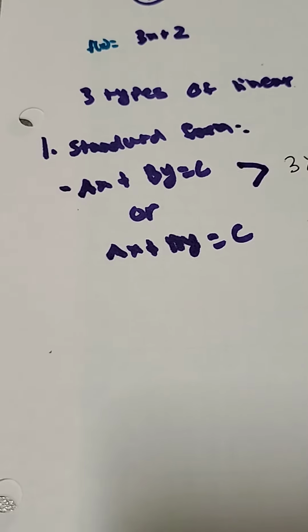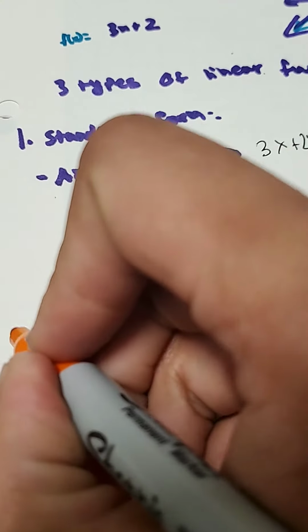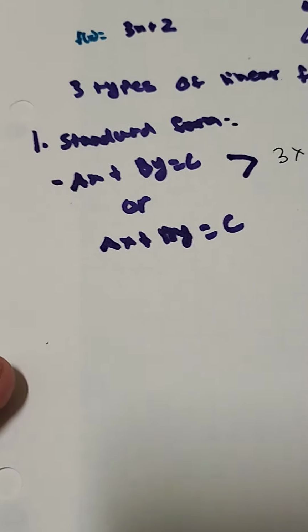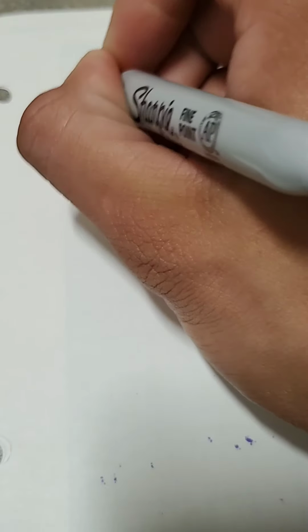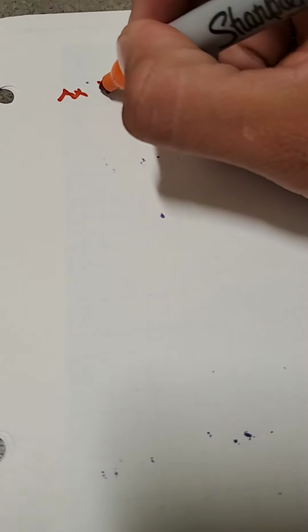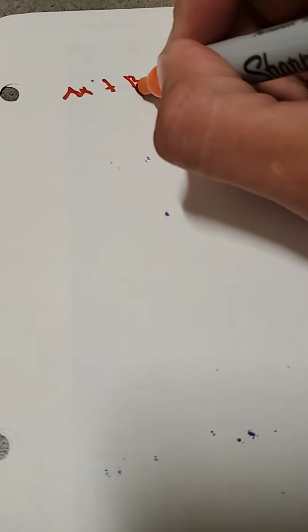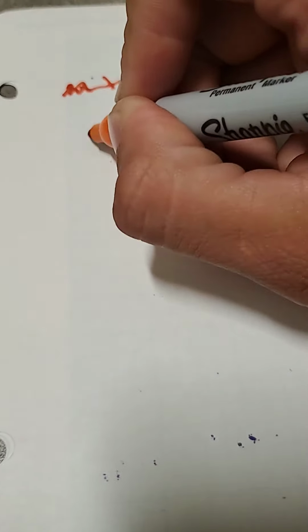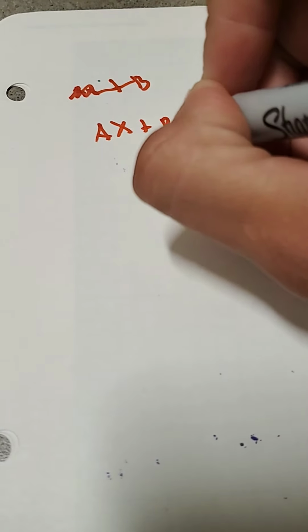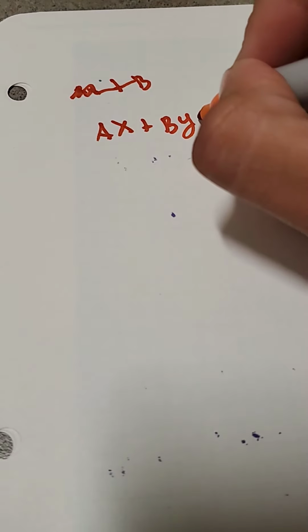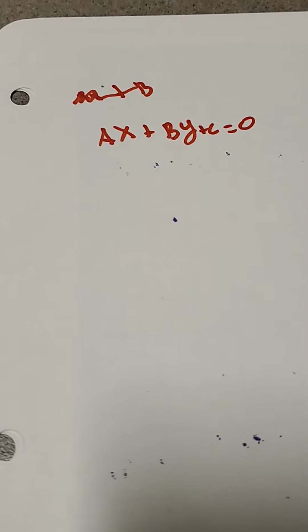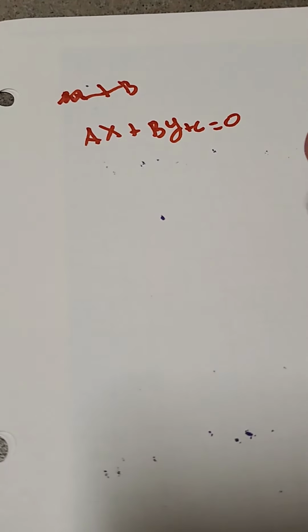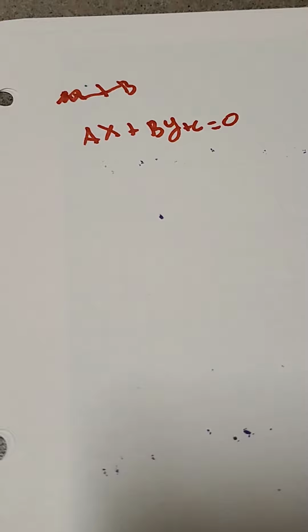So from here, let's rewrite this in orange, on our new piece of paper. If we have ax plus by plus c is equal to 0, where c is a constant, if we add or subtract it, it's not really going to matter that much in this case.